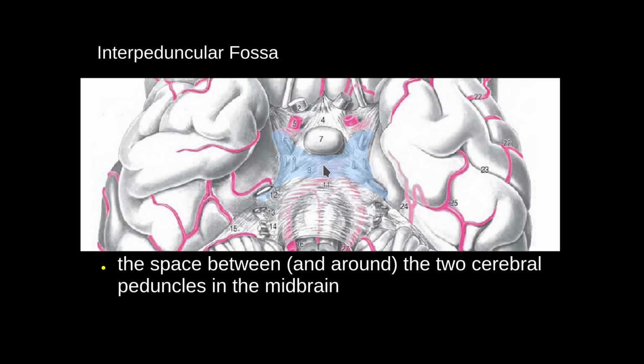We call this, when it is filled with CSF usually, or blood unusually if there's an aneurysm that ruptured there, a cistern, meaning a large container of fluid. Normally contains CSF, abnormally contains blood from a ruptured aneurysm, or pus. It can be covered with pus if you have an infection here.